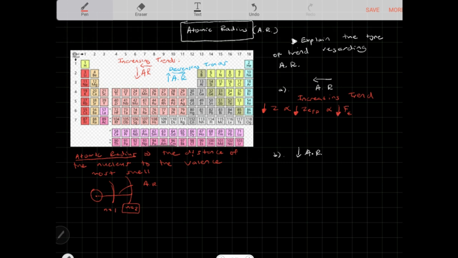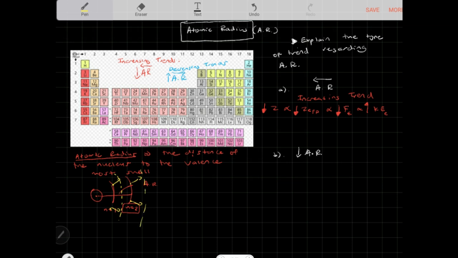So because the force of attraction decreases as you go to the left, this causes the kinetic energy of the electron to increase. If the kinetic energy of electrons increases, the electrons will move outwards, right? And if electrons move outwards, then the size of the atom tends to increase.